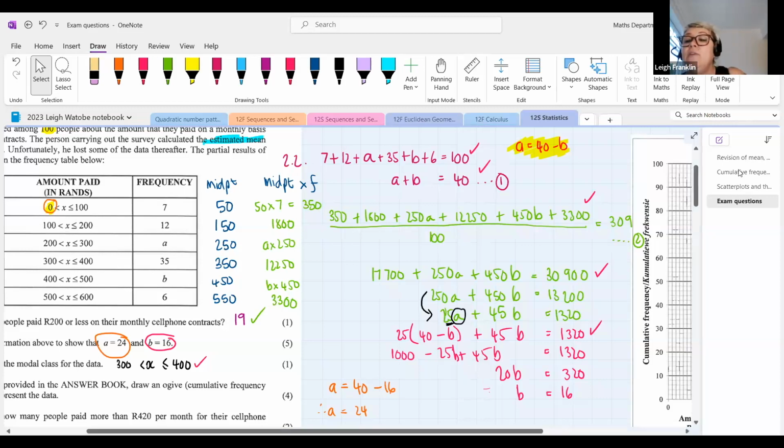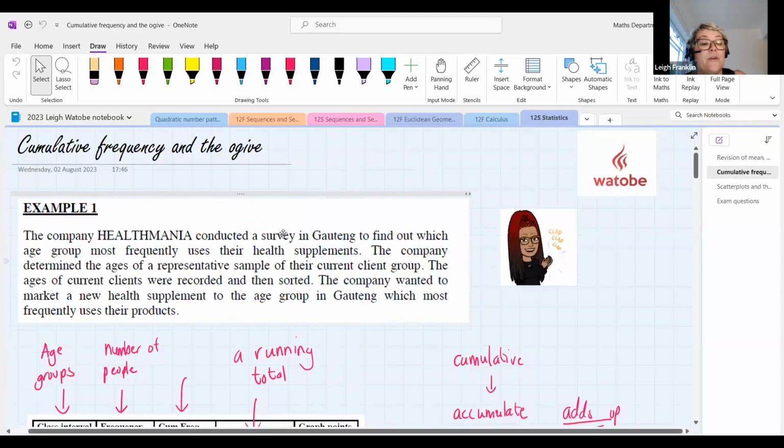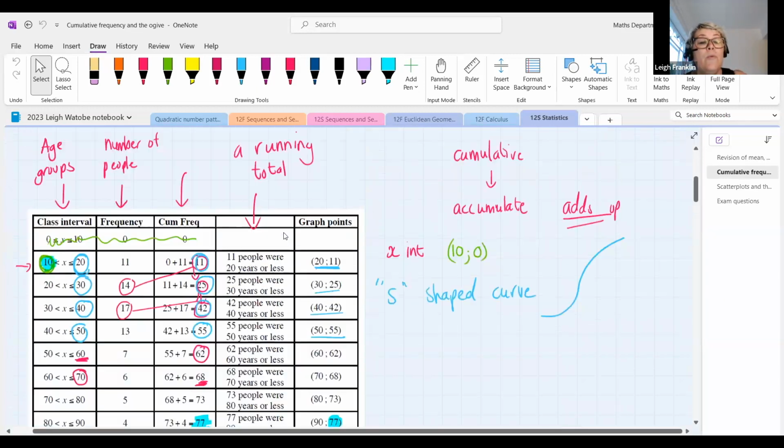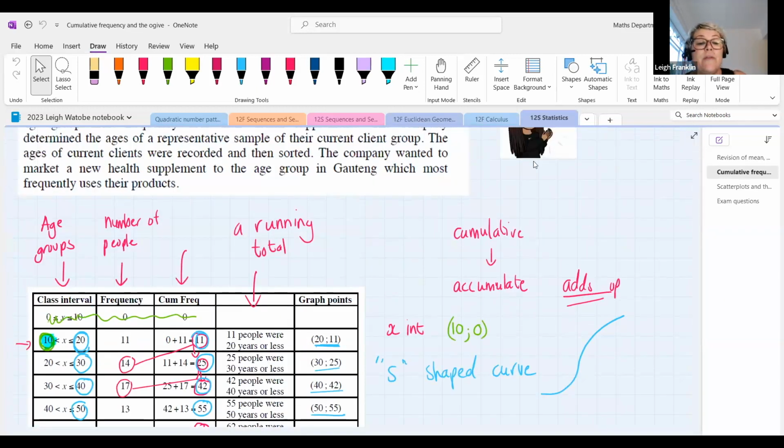Okay, so again, if we go back and look at our cumulative frequency, remember we did this question together. And here I pointed out to you guys that our x-intercept, look, even the writing is still there, was at 10 and 0. So have a look here. Look at your class interval.